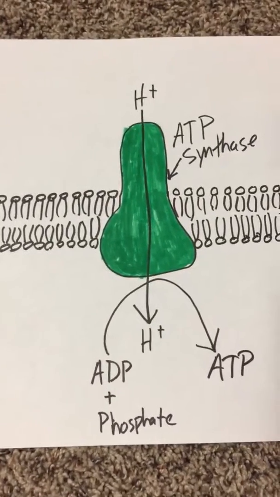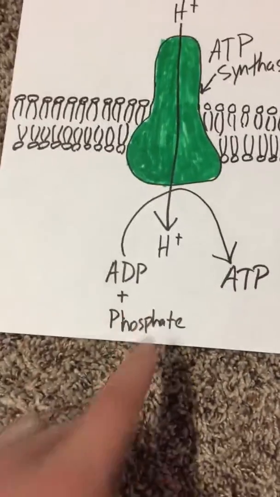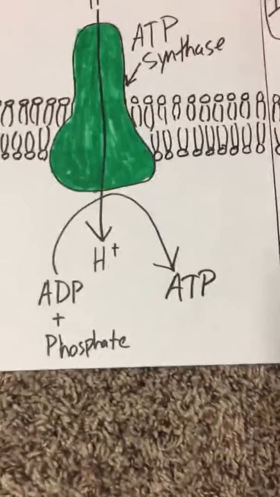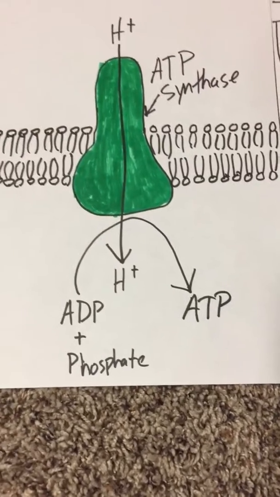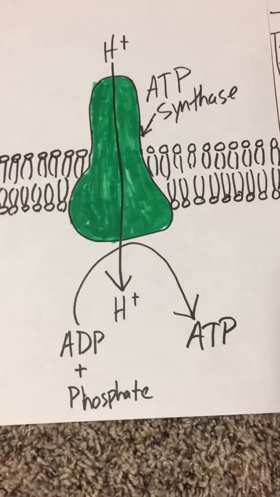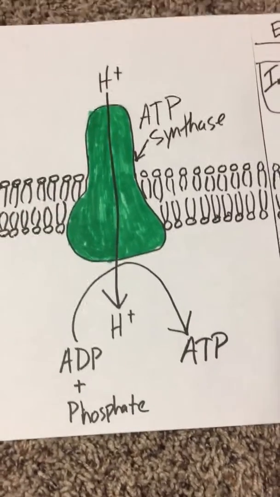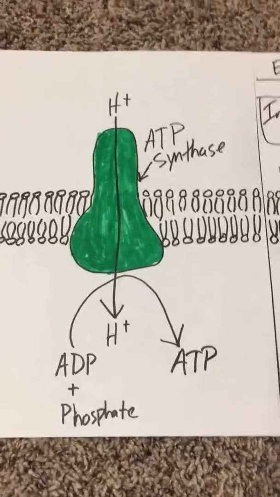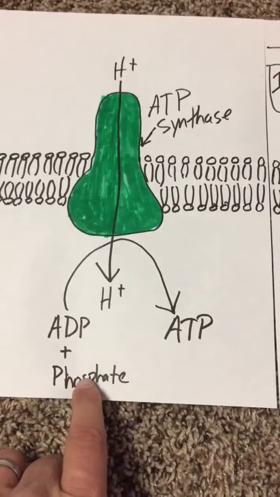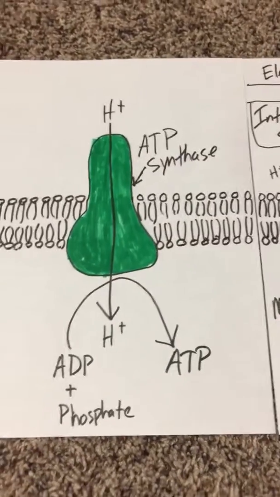The ATP synthase catalyzes the addition of a phosphate group down here to ADP, not ATP, ADP, which is adenosine diphosphate. So we're looking for ATP, which is triphosphate, three phosphate groups. So we add one more phosphate, and we get the triphosphate, which is really what we're looking for.